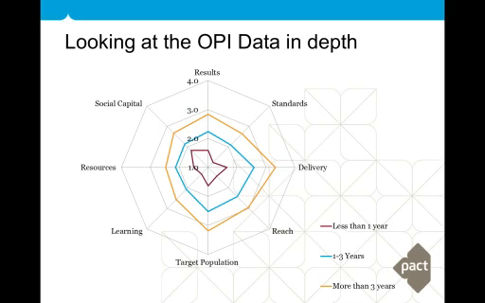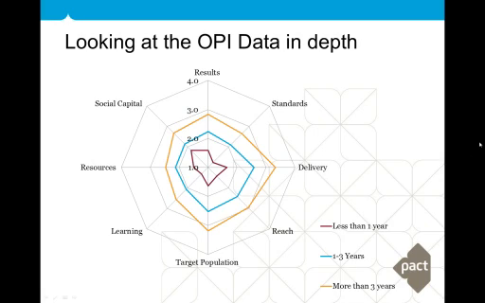This graph you may have already seen because it's been sent out a lot, is a cross-section of PACT's OPI data from 2012, and you can see the promising results that partners that we've worked with for longer have higher OPI scores.